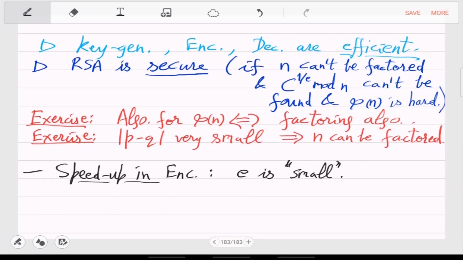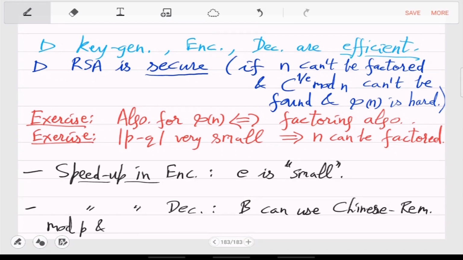In particular, it will be quite large. So it will become expensive on the bank side. So what the bank can do is, the bank can use Chinese remaindering. So basically mod P and mod Q.